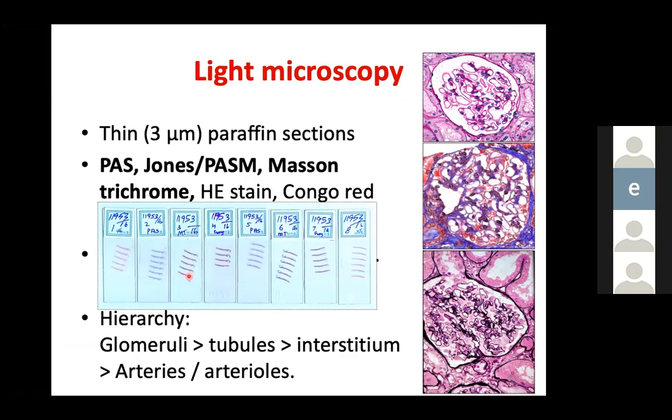But these are stained by H and E, PAS, Masson's, and different stains are written here. So this is for light microscopy. But for immunofluorescence, what will happen is, on one slide we will put IgG, on another slide we will put antibody of IgA, on a third slide we will put antibody of IgM, then C3, C1q, kappa, lambda, and fibrinogen. So different slides will have different antibodies poured on them, right?